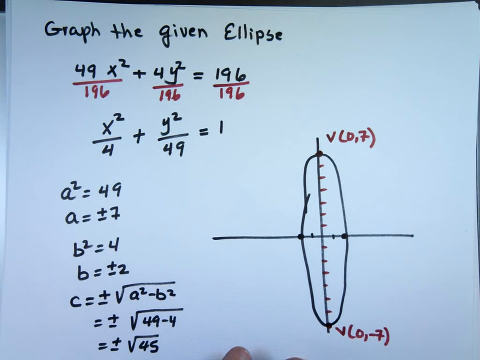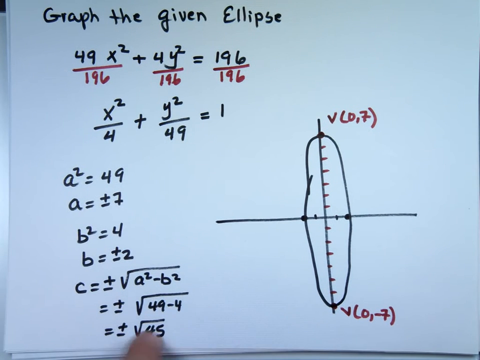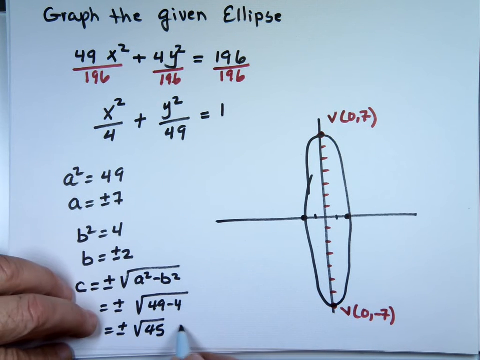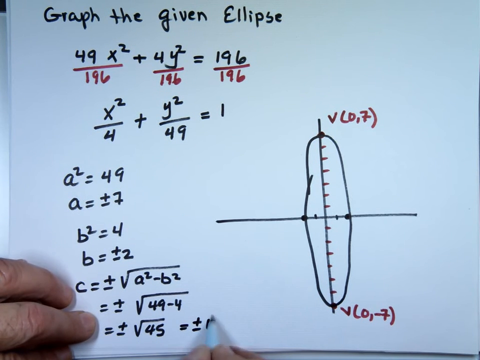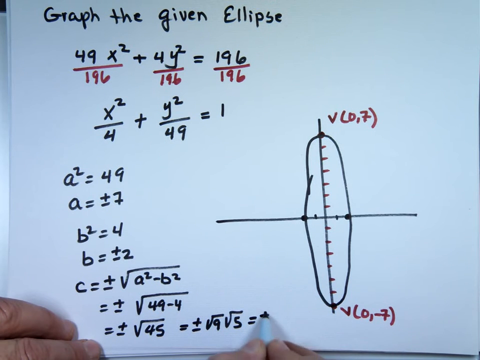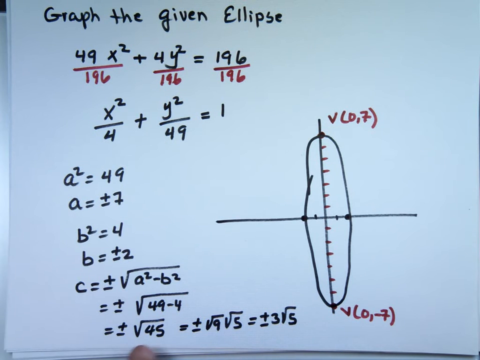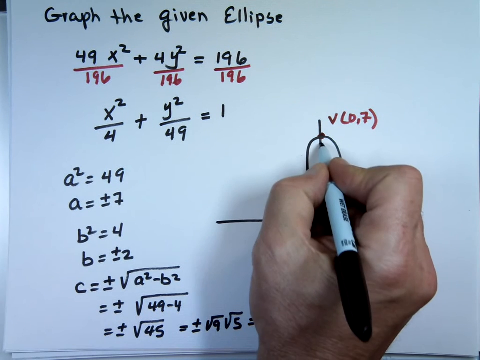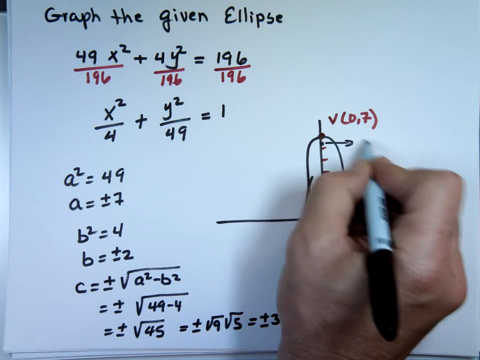Which means don't use a calculator for that, and don't leave it like this because you can simplify it. 45 is 9 times 5, right? What's the square root of 9? 3, the square root of 5. So we know it's more than 6 and less than 7. Somewhere here.